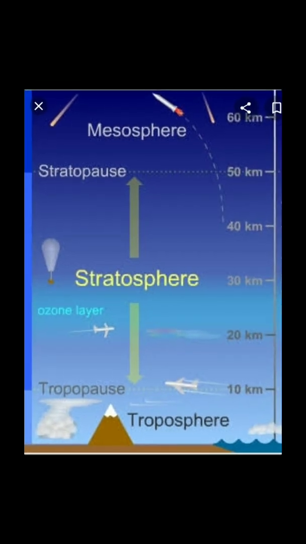And above this layer, there is also something very beneficial. It contains a very beneficial constituent, the ozone, that absorbs the ultraviolet radiation coming from the sun. The ozone layer is a very good thing, because it protects us from the UV radiation coming from the sun.